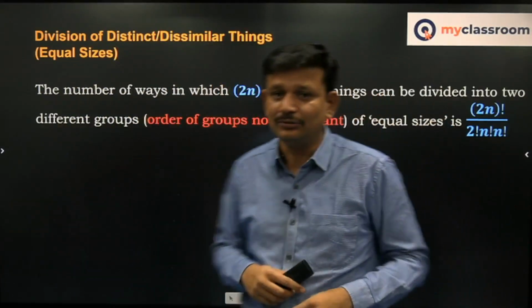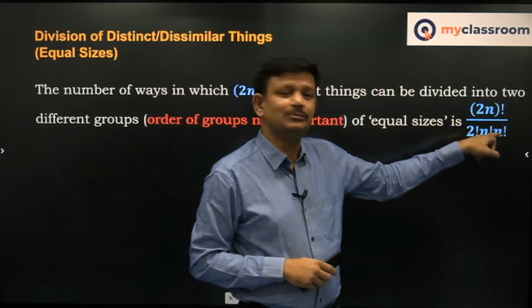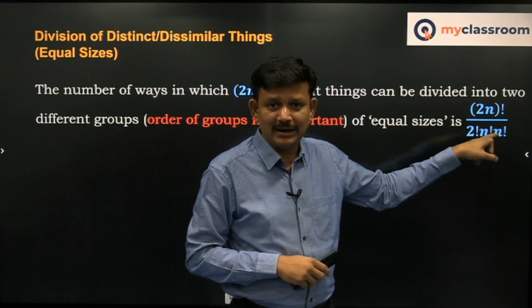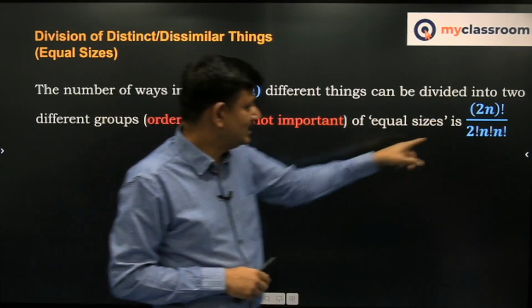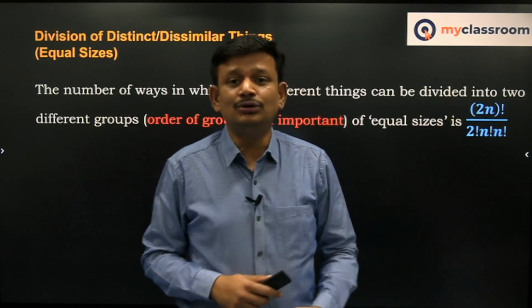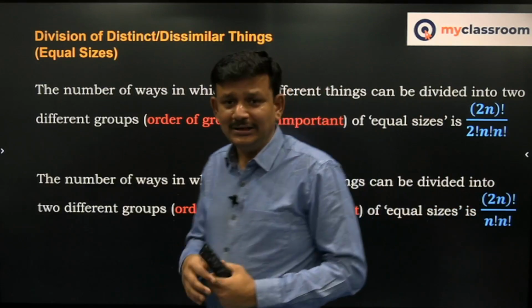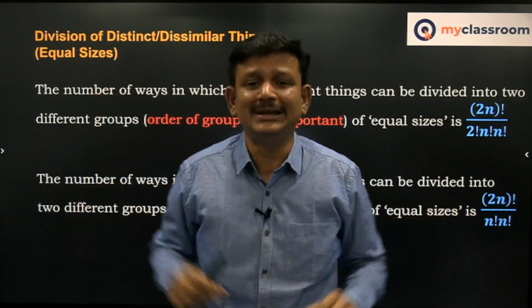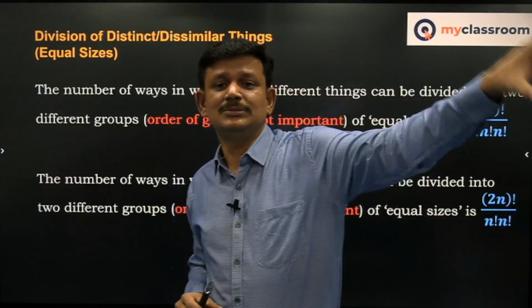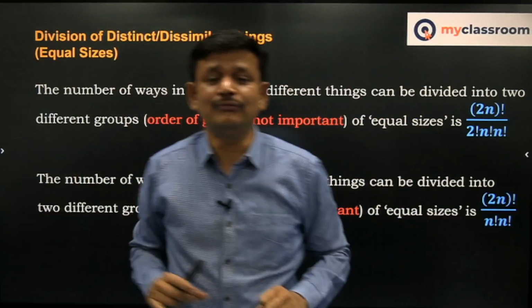In that case, what you have to do? (2n)! by first group is getting n things, second group is getting n things, n! into n!, and because the order is not important or the boxes are identical, you have to divide by 2!. And whenever order of the groups is important, let us say 10 people, I am distributing them into 2 teams. One team is to be sent for a cricket tournament and another team is to be sent for a football tournament.